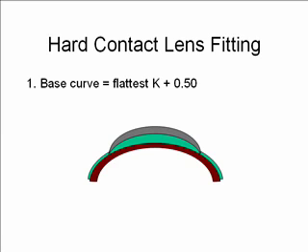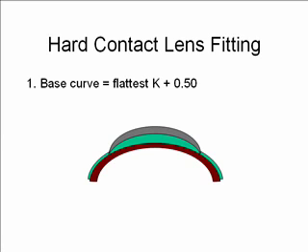And that gap is not uniform in thickness, so that gap has some refracting power too, and we refer to that refracting power that's introduced by this layer of tears caught between the contact lens and the cornea as a tear lens.